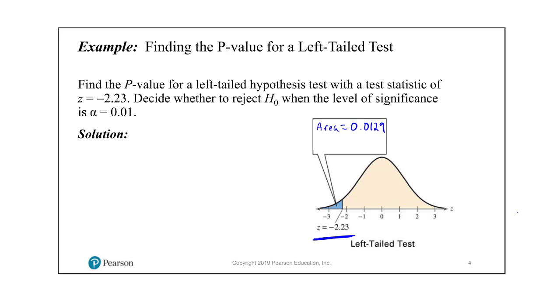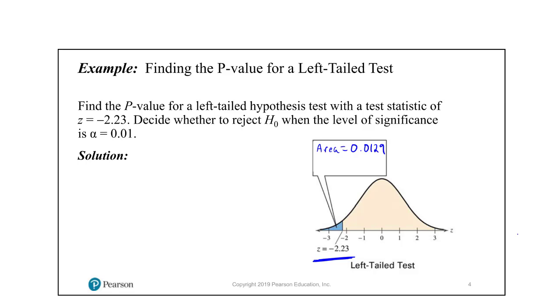That is the actual area we're looking for because this is a left tail, so that's what the Excel function is giving us. And so that area does then become the p-value.